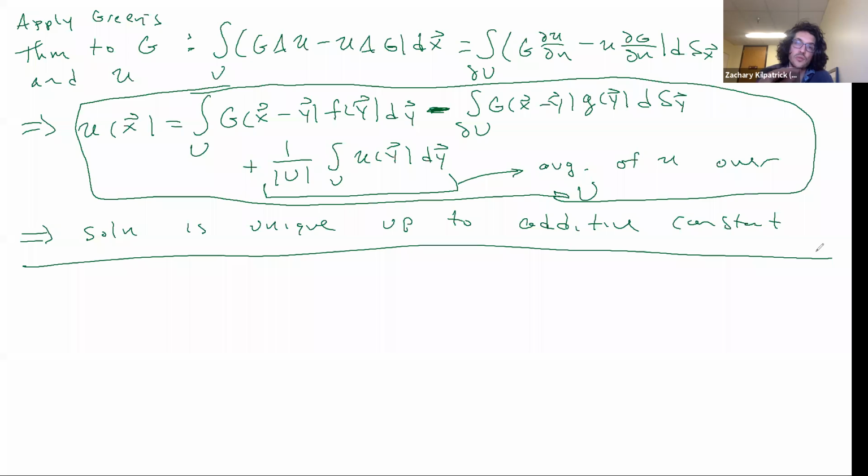In order to derive these formulas for the solutions, in the case of Dirichlet and Neumann boundary conditions, you want to apply Green's theorem, which are sort of like principles for integration by parts in higher dimensions. This is going to involve integrals over the boundary. And when you do that, you end up with these integrals involving the Green's function and the boundary conditions and any inhomogeneities that you might have.